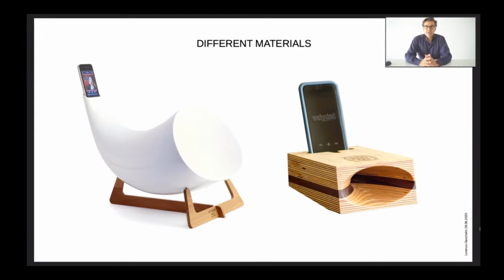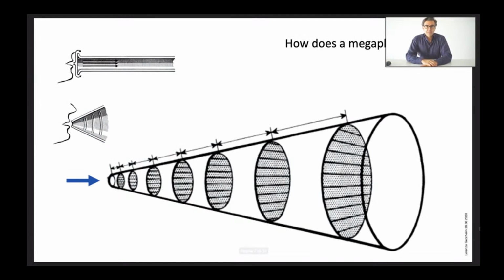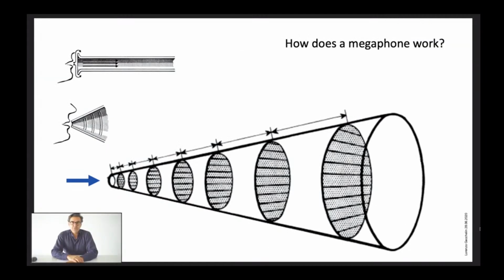They both rely on the same physics of sound, of spreading sound into a medium, which is the air. And I'll show you here. As you can see in this drawing, you have two different types of sound.